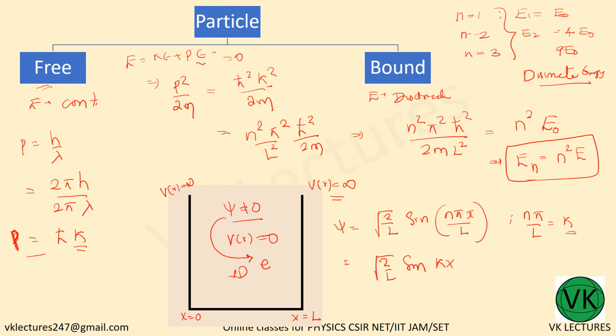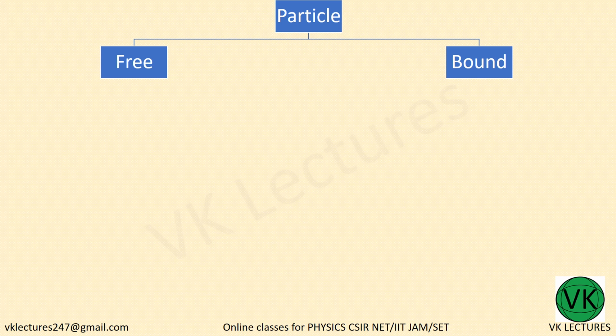So a free particle inside a box is considered as having discrete energy n square E naught. Based on the previous slides that we have discussed, you can classify a particle as a free particle and a bound particle.